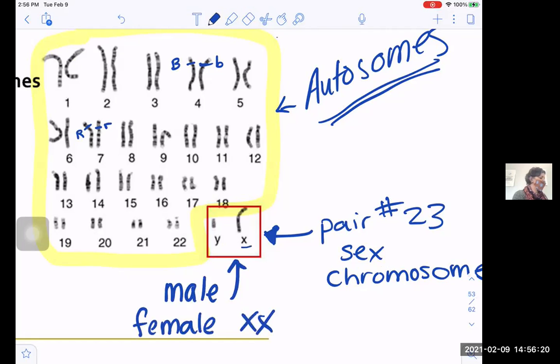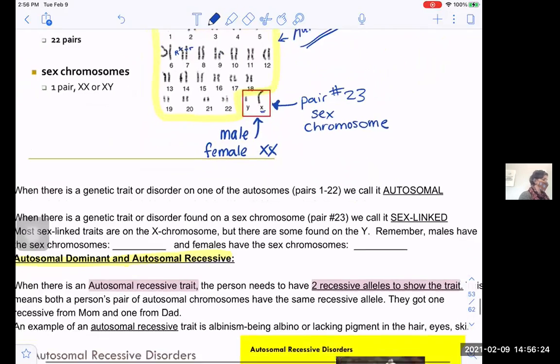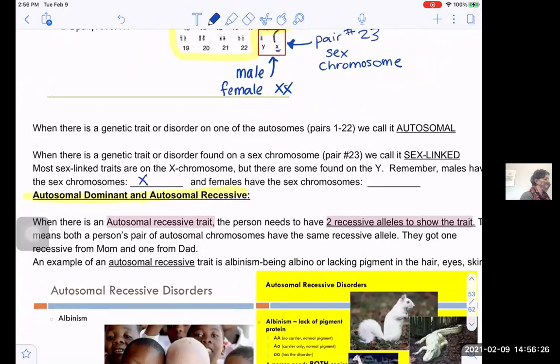So we would see 2 X chromosomes if this was a female. Just keep that in mind. And when we're doing an X-linked Punnett square, you do not write a superscript on that Y. Some people are doing that in the homework assignments. They're writing things on the Y. You don't do that, only on the X.